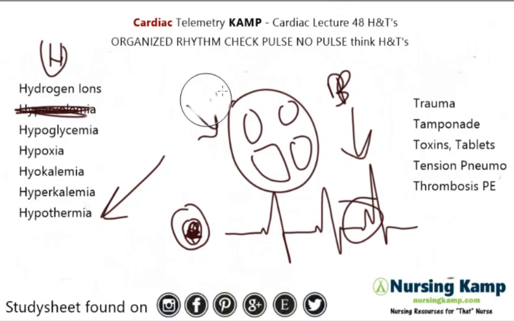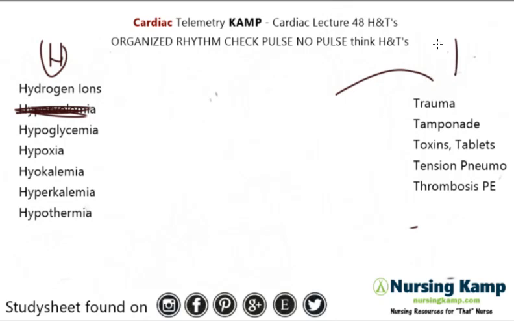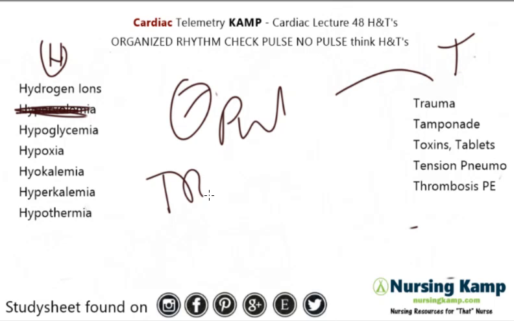The next is your T's. So H's are all things that could be causing no pulse. Now the T's are also reasons that they have no pulse. That's trauma. Are they bleeding out on the inside? They have no volume.